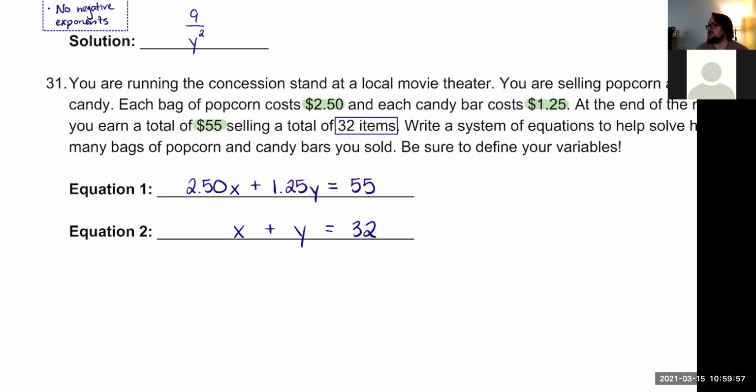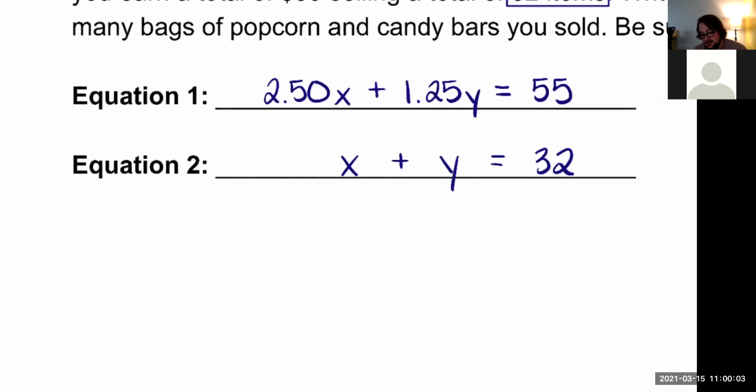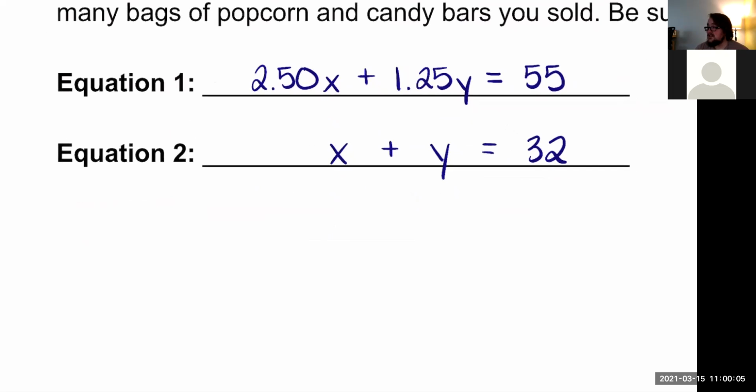So for substitution, it does help for one of the variables to be by itself. Now that's not already done for me, but if you look at the second equation, we could move one of those pieces relatively quickly. Do you want to get the X or the Y by itself? Y, because we've spent so much time getting Y's by itself, that's fine.